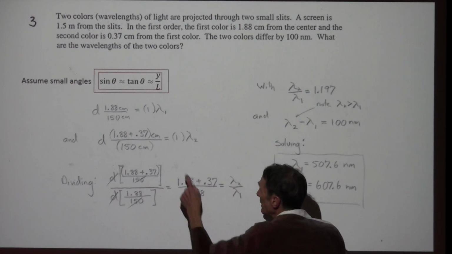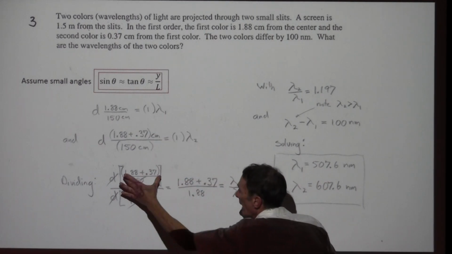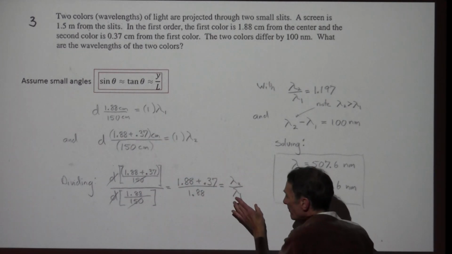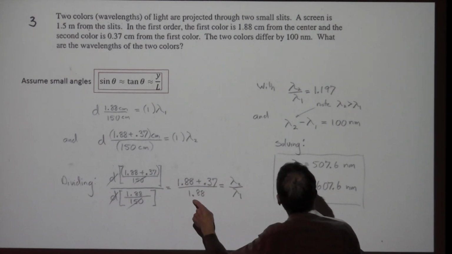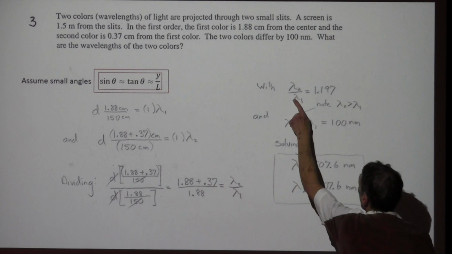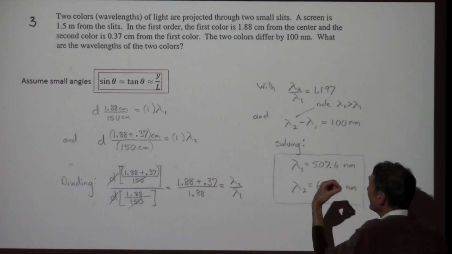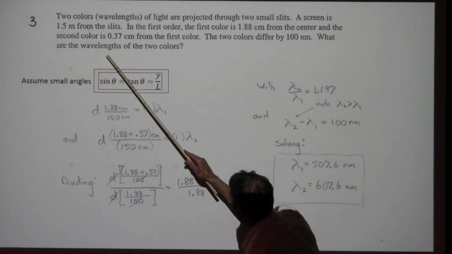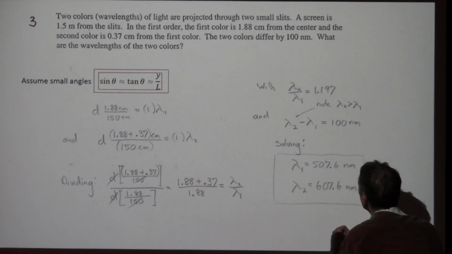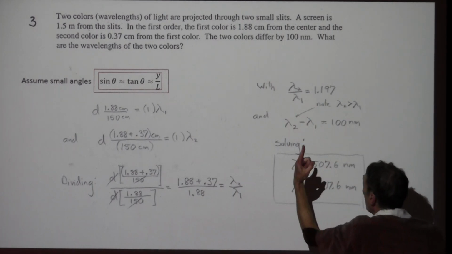And then I can take these two expressions and divide them. I can take this one and divide it by this one, and you can see how the math works. This is going to simplify, and this ratio will just be this number. Now we want to get what those two wavelengths are, because he wants to know the wavelengths of the two colors. So we have the ratio of the two, so that's one equation.